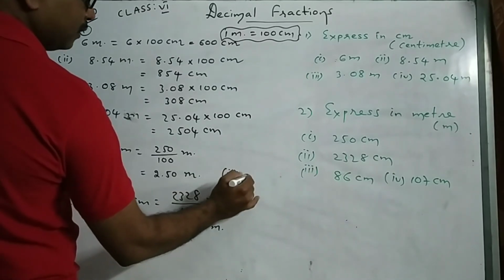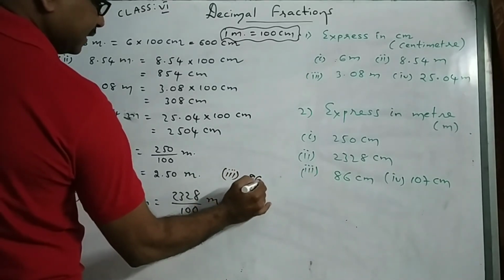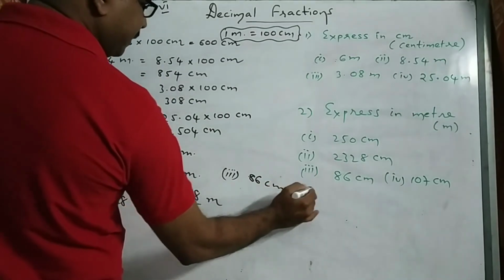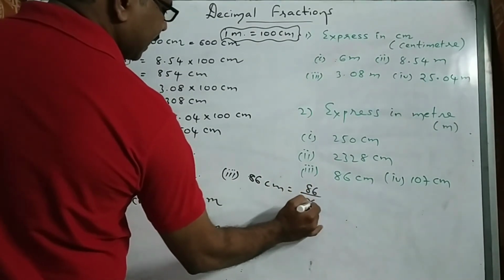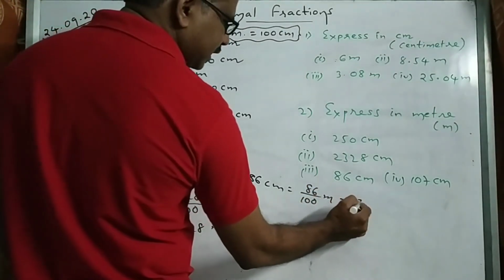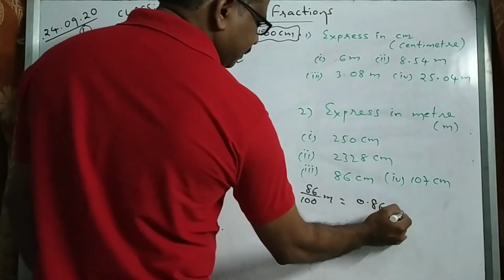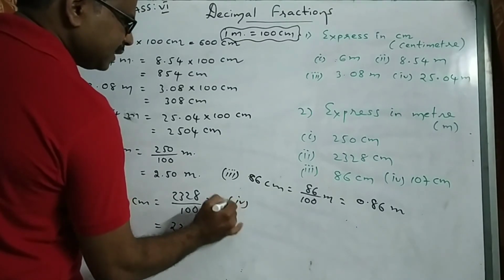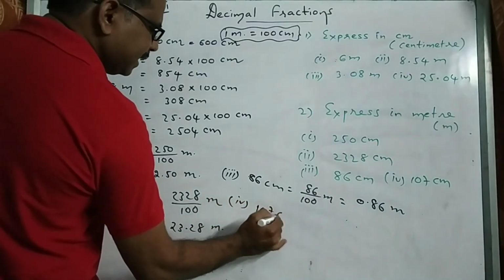Third one, 86 centimeters. That means 86 by 100 meters. So we have to keep 2 digits after the decimal. So 0.86 meters. Next, 107 cm.